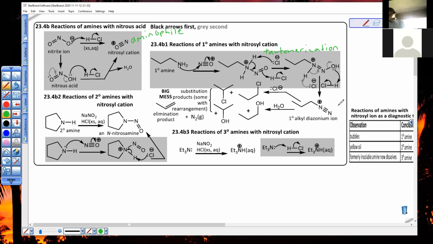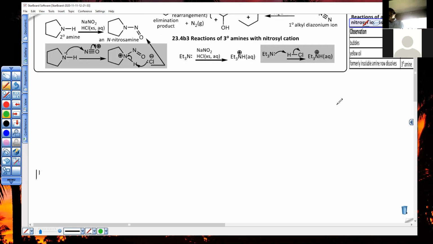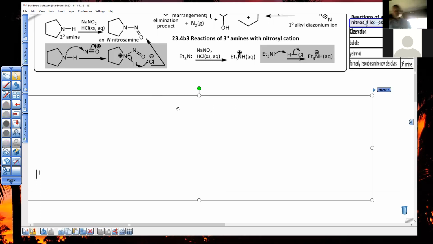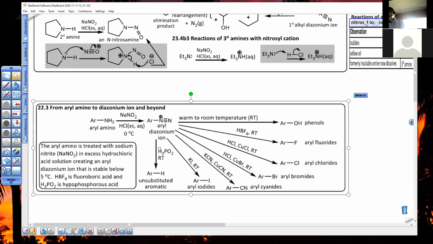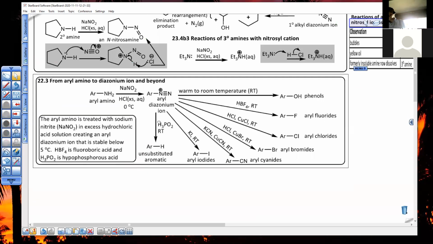In fact, I hope you've started thinking about studying, because this is something we just studied. In chapter 22, we generated a diazonium ion from a primary aryl amine.